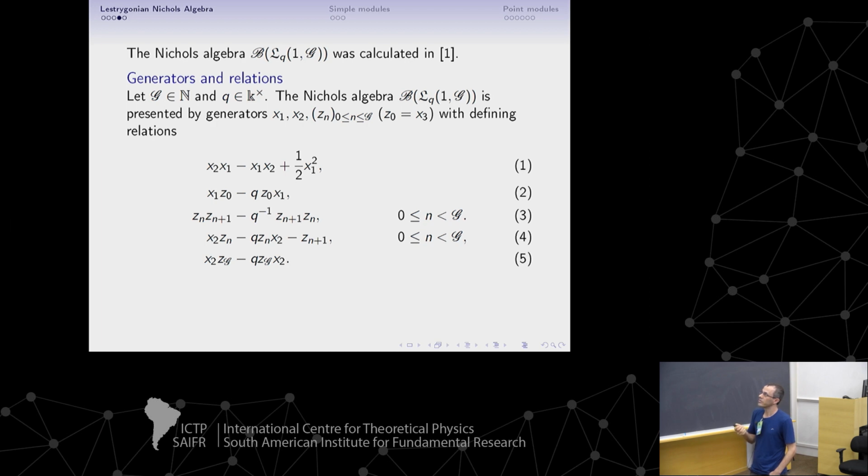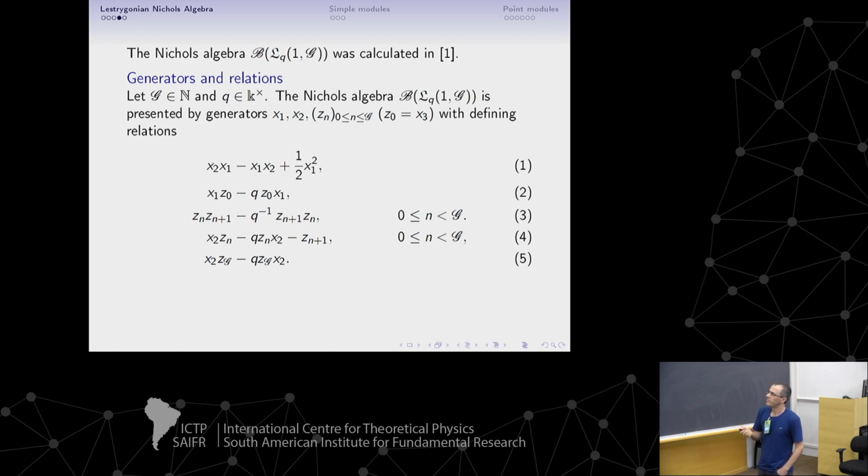This is the relation of the Jordan plane. x1 and x3 q-commute. These relations appear when you do the adjoint action between x2 and z_n, and we have the q-commutation between x2 and z_G, and this relation more. So we have 1, 2, 3, 4, 5 relations.